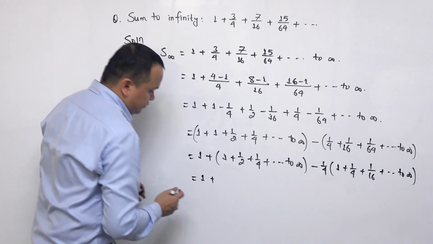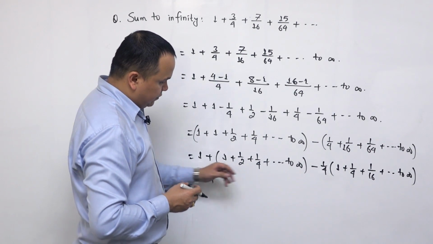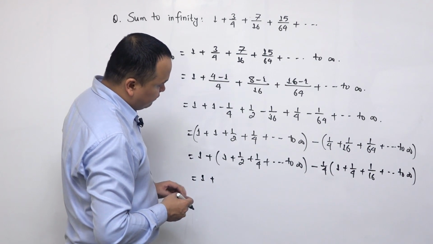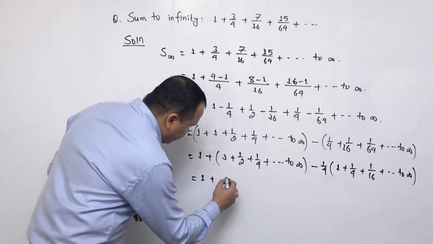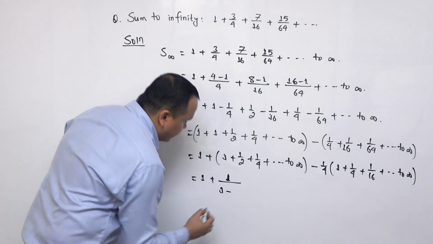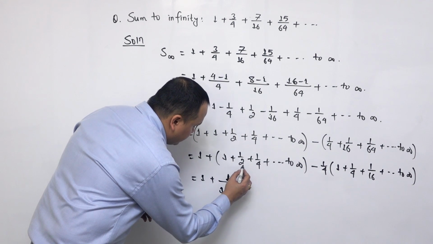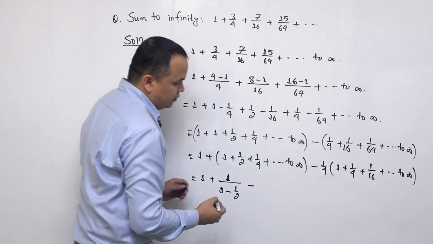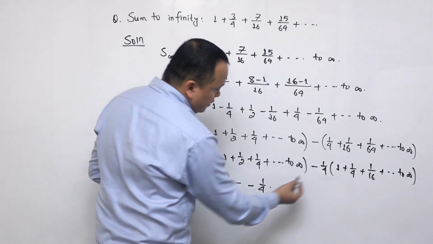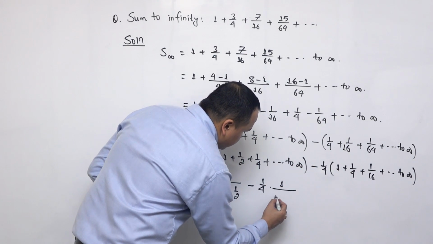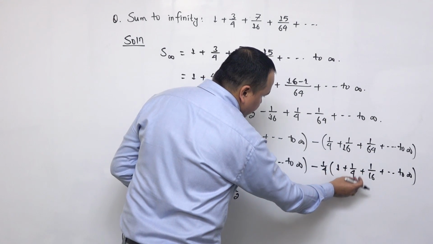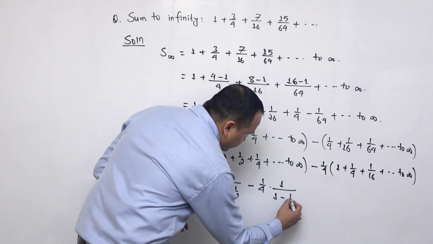Now using the formula for the sum of an infinite GP, A upon 1 minus R: the first is 1 upon 1 minus R, with R equal to 1 upon 2, minus the second, where A is again 1 and R is T2 by T1, 1 upon 4 upon 1 gives 1 upon 4.